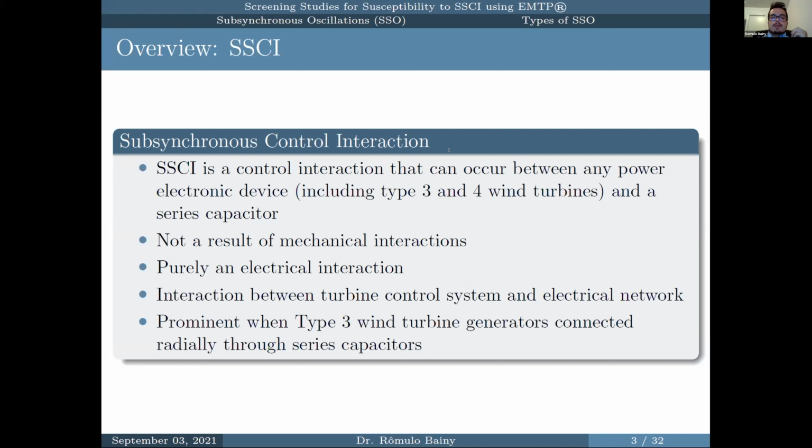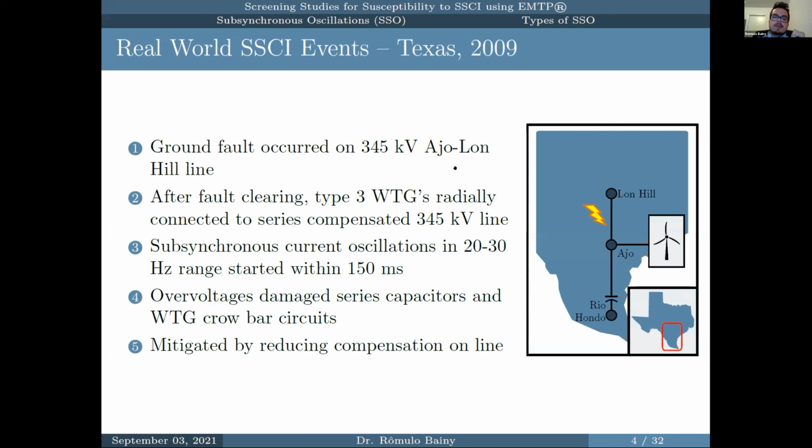And cases that were found in real systems show that type 3 wind turbines that are radially connected to series capacitors from a compensated line are more susceptible to face these types of problems.